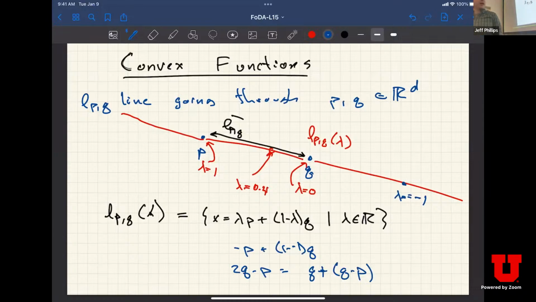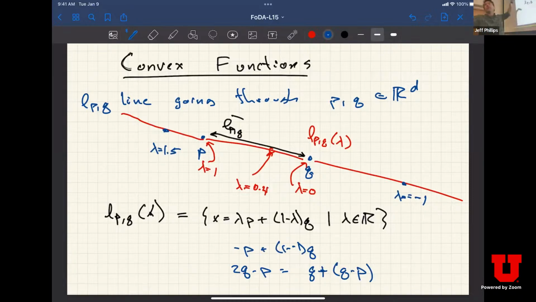Okay, if I put in lambda equals 1.5, what I'm going to get here is P plus basically 1/2 of P minus Q. So I'm going to start at P and go some direction away from P on that same line.